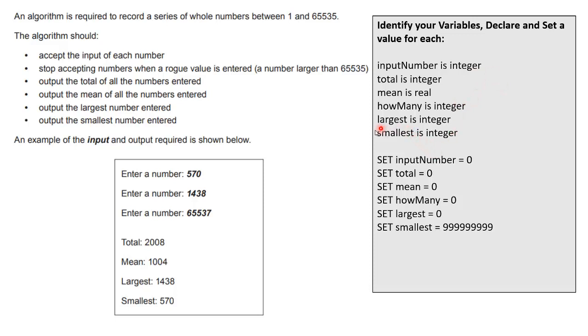If you decide, you know what, I'm not doing the largest and the smallest, I'm not even doing the average, you could just have input number and total, and set input number and set total, and you would still get the mark as long as you don't use something else later on that you haven't declared. So if you use a variable, make sure you declare it, but if you miss some out because you're not using them, that's fine, you'll still get the mark. So that currently takes us up to 1 mark out of 9.